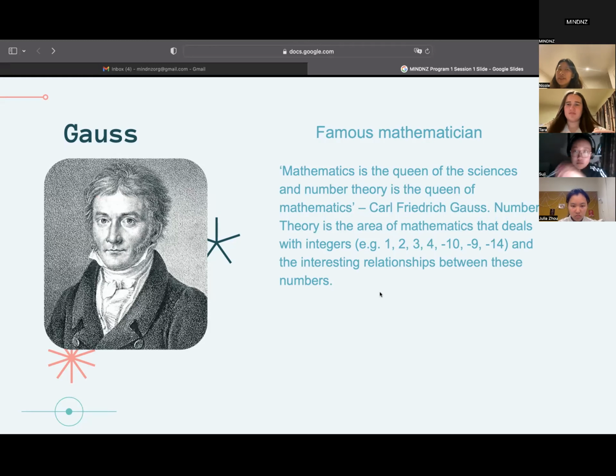So number theory is something that I think we have all actually dealt with before, even if we don't know the name for it, because number theory is essentially the area of mathematics that deals with the integers, right? These are the numbers that we've seen so many times, like 1, 2, 3, 4, and all of the numbers I've listed here are all integers. So in number theory, we discuss the very interesting relationships between these numbers and their properties.